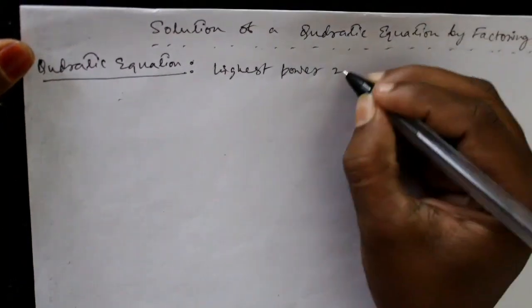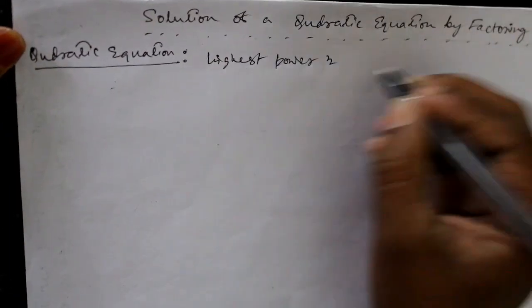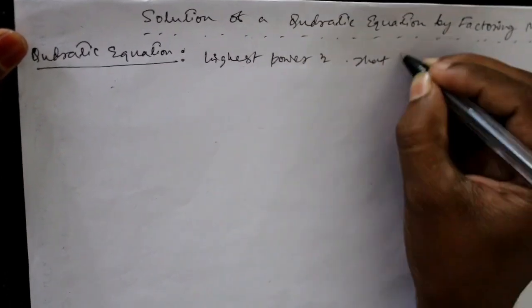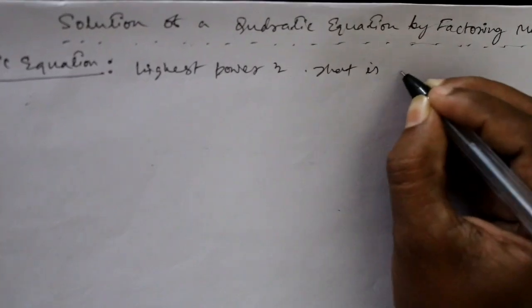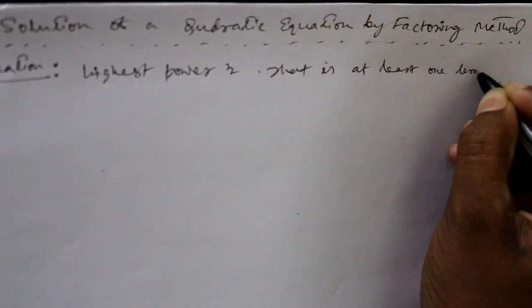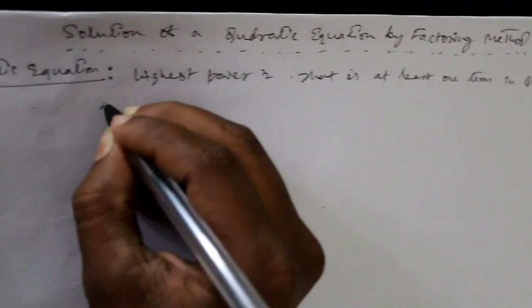That is, one term of a quadratic equation must be squared. I write it in a sentence: at least one term in a quadratic equation is squared.